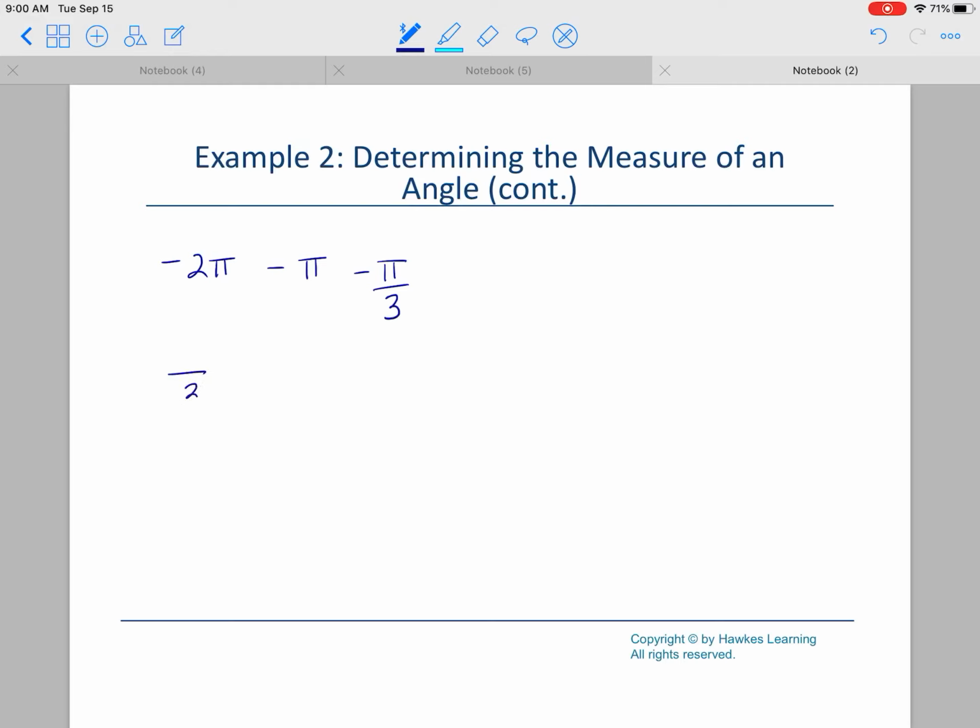Now, I need a common denominator of 3 for all of these. That one's going to stay. So that's going to give me negative 6 pi over 3, negative 3 pi over 3. And then if I add these together, that's going to give me negative 10 pi over 3. And that's my distance around.